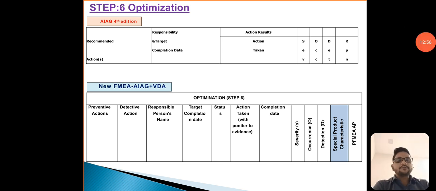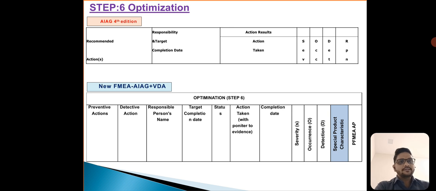The next step is optimization. In the previous version, AIAG 4th edition, it was the recommended action and responsibility and target completion date and action result, like action taken, and what are the revised severity, occurrence, detection and RPN number.